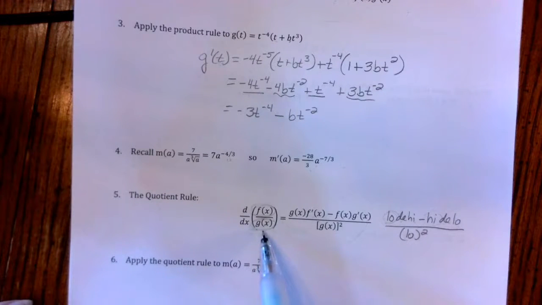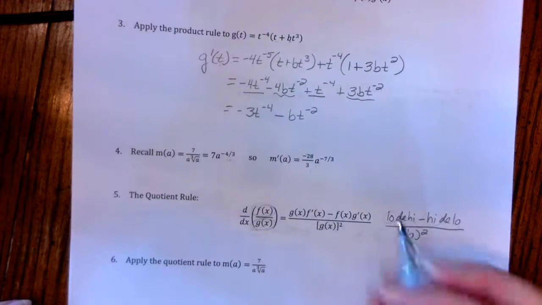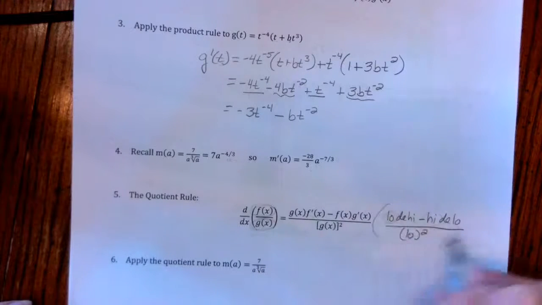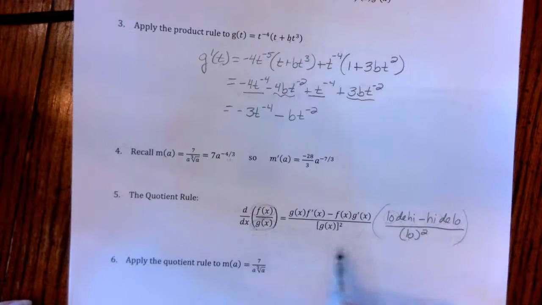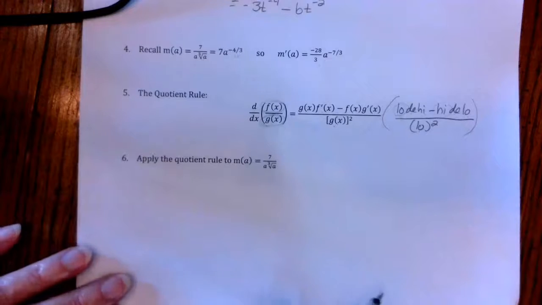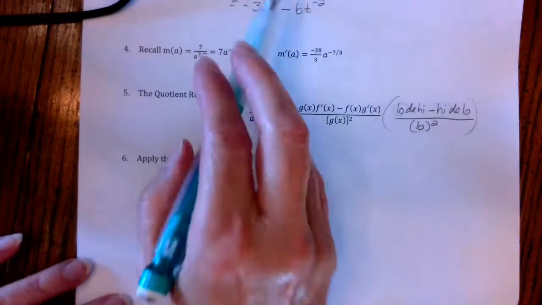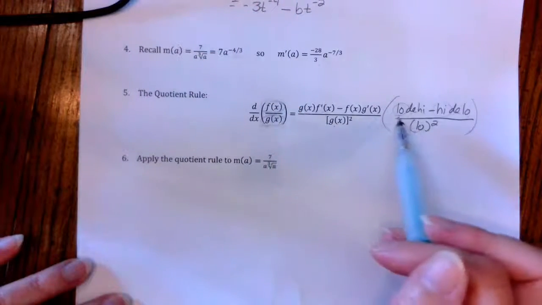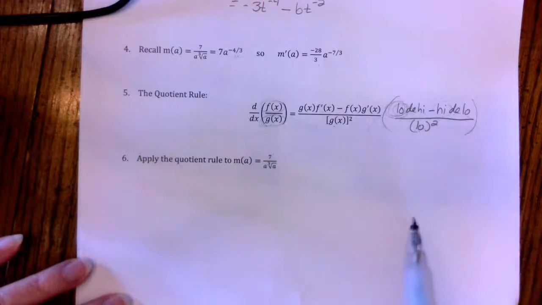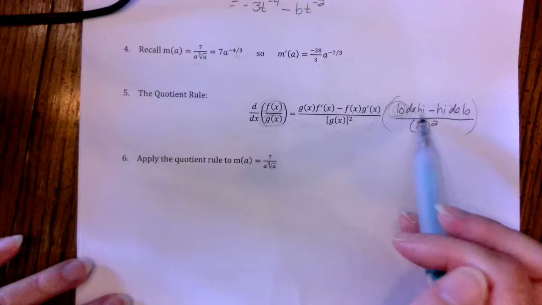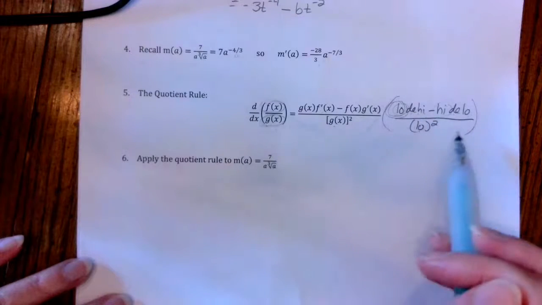And I know you're all laughing and chuckling at me, but it would be even more laughing if we were in person. And then over low squared, well, it's the bottom function being squared. Because order matters in subtraction as opposed to products, that's why you have to remember to start low. Start with the low one. So it goes low d high minus high d low over low squared.